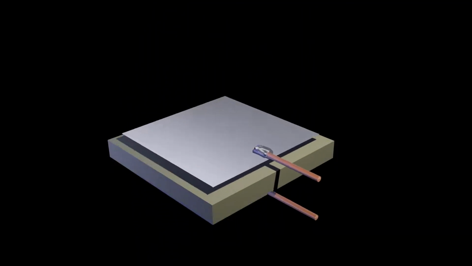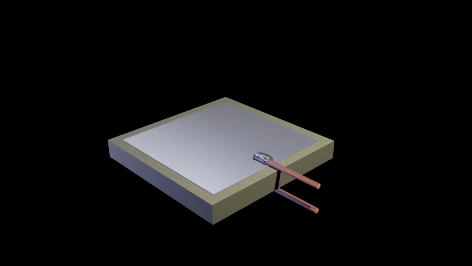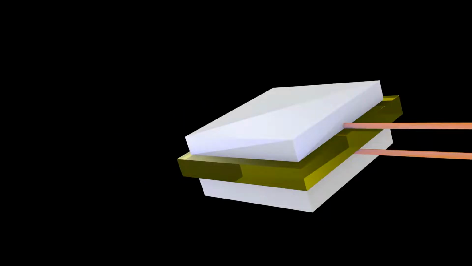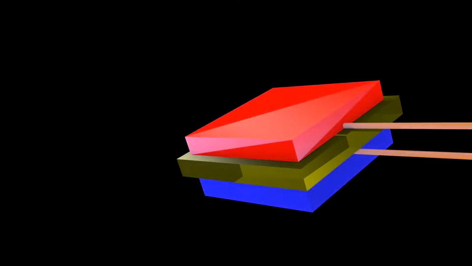A capacitor is two conductive plates separated by an insulator. If a voltage is applied across the plates, electrons will pile onto one plate and leave the other. The two plates will have an electric attraction between them, holding the negative and positive charges in place.